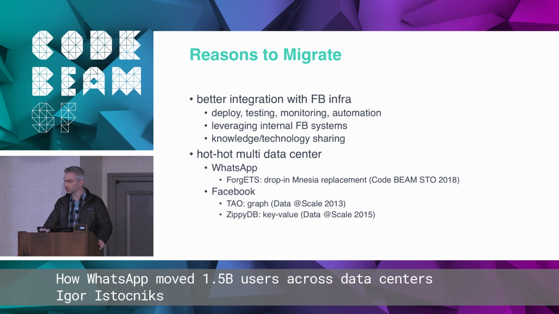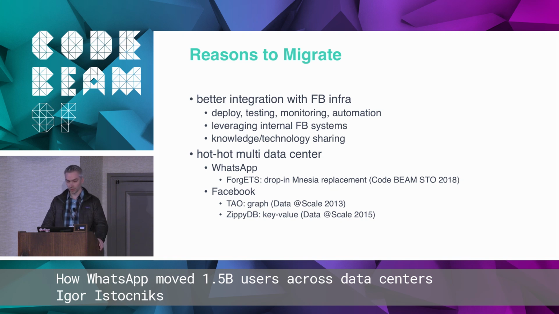And there are two data stores in Facebook that also provide similar properties. One of them is Tau, which exposes its API as a graph, vertices and edges. You can check its architecture, which was presented five years ago at Data at Scale. And ZPDB, which is a distributed key-value store, which was also mentioned at the Data at Scale conference before.